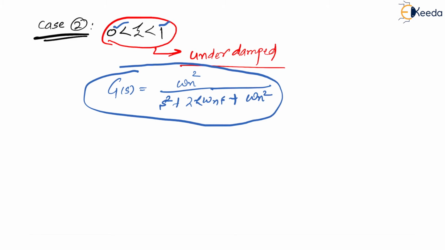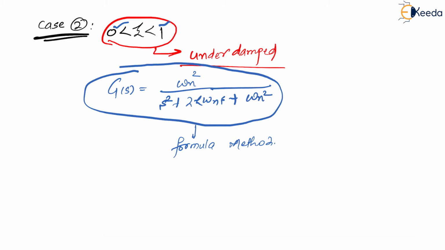To get the inverse Laplace transform, you should have the poles on the denominator in factorized form. So how do you find those poles? To find those second order poles, we can use the formula method, which we had studied in our school days.